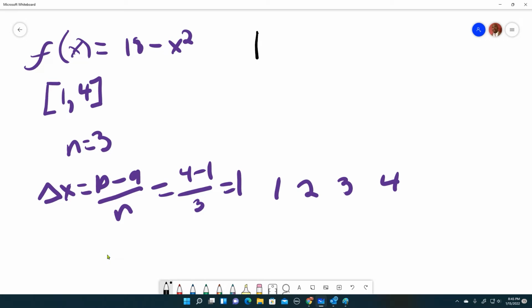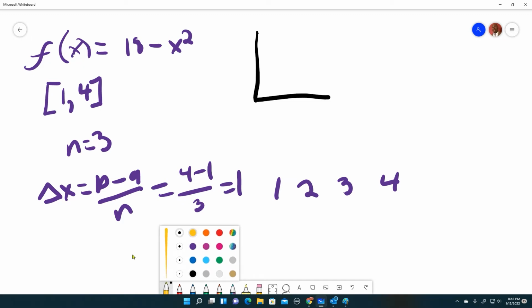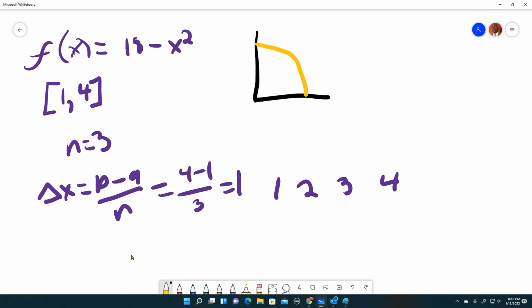So here's some Cartesian plane. And here's the graph of f of x, not to scale, of course. And so let's mark our numbers 1, 2, 3, 4. And this up here, of course, is 18.